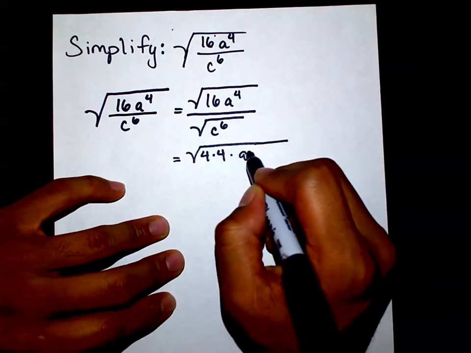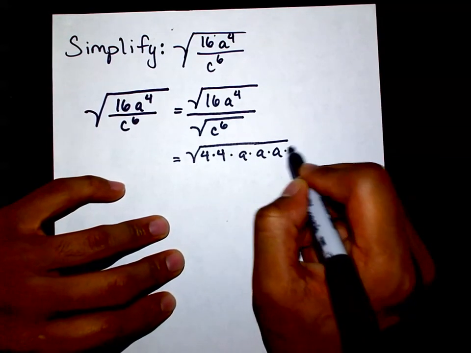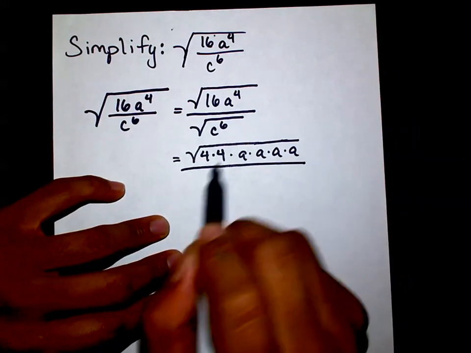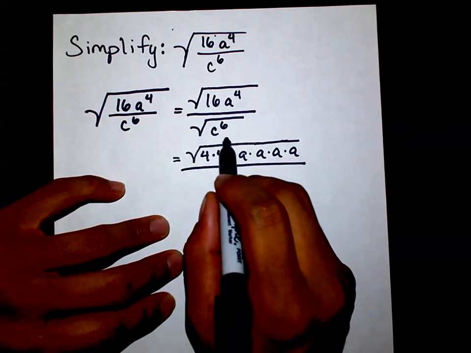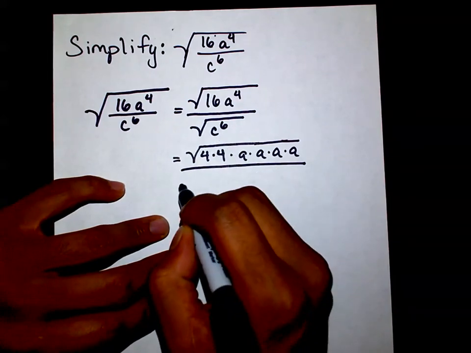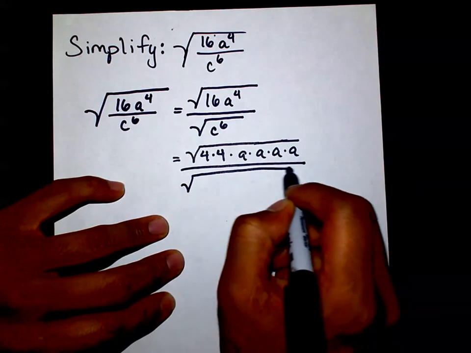A to the 4th is going to be a times a times a times a. All of that over. Okay. How many c's am I going to write here on the bottom, folks? 6. And I'm going to show that that's being multiplied together.